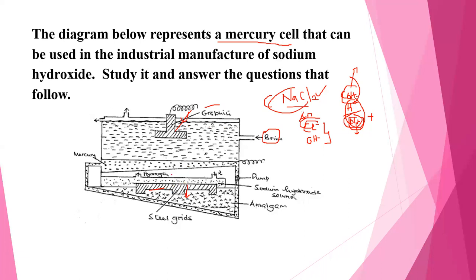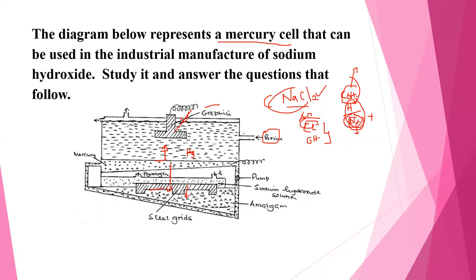Mercury is more dense, so it will settle down here. Then the brine will be up there, so there will be an interface, because mercury is down and the brine is up.